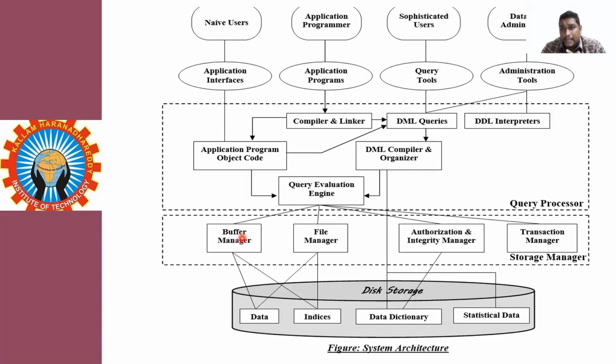But if execution has to happen, we have to bring that data into main memory or cache. Whatever data is available in secondary memory has to move to primary memory by means of a manager called the buffer manager. So checking the cache process, and moving the data the user is retrieving, which lies in secondary memory, to the primary memory is done by the buffer manager.